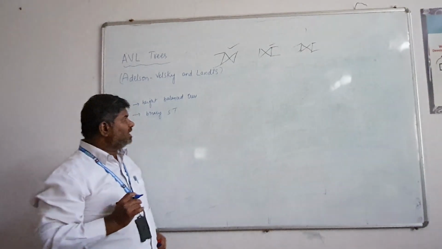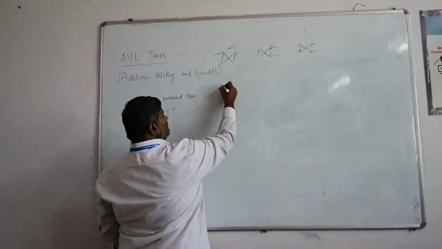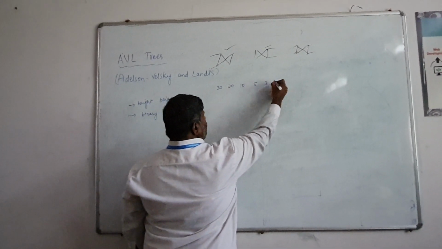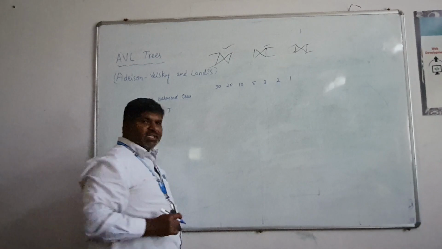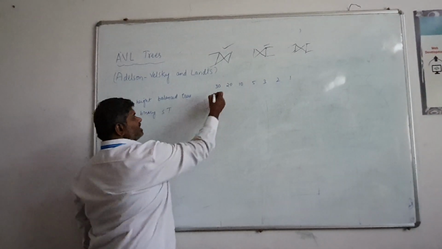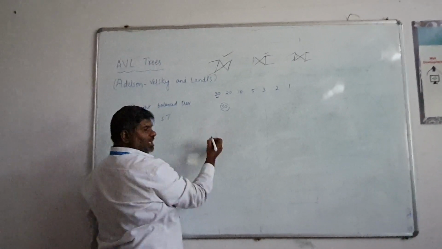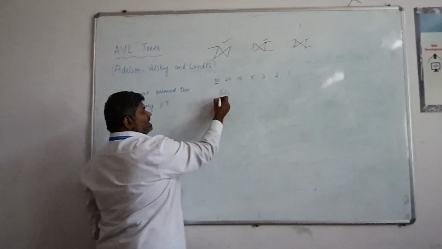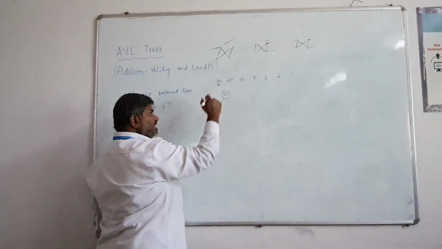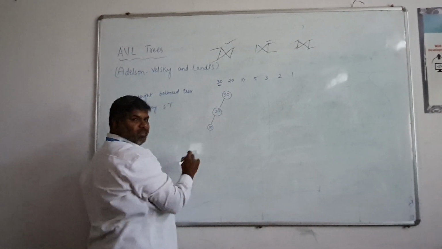Suppose, for example, that I want to construct a binary search tree with the following elements: 30, 20, 10, 5, 3, 2, 1. As we discussed earlier, the first element is the root element, 30. 20 is less than 30, so it will be left of 30. 10 is less than 30 as well as less than 20, so 10 will be placed here.